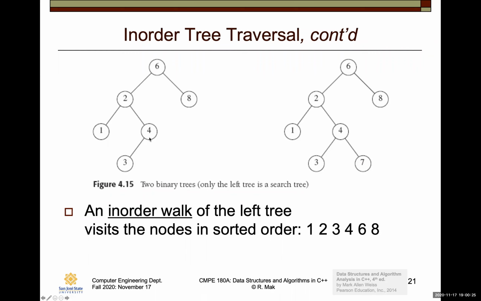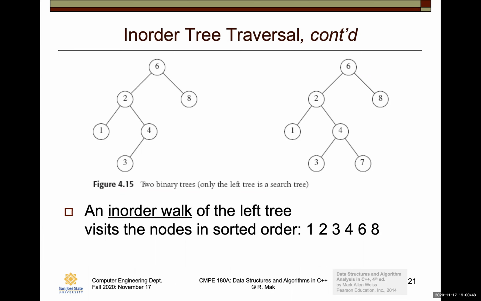If you think there's a relationship between a binary search tree and the binary search that we were doing a few weeks ago, yes, there is a very strong relationship, and I think you will start noticing it when we talk about searching a binary search tree.